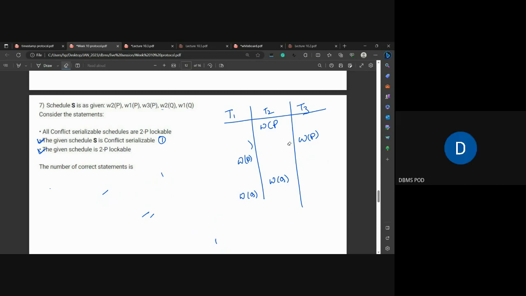For Q, T2 to T1 is already there, so no separate edge is needed. Okay.